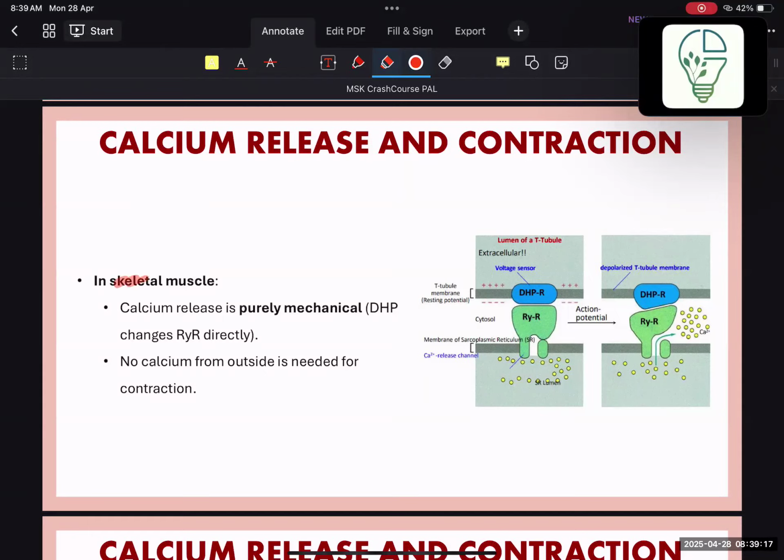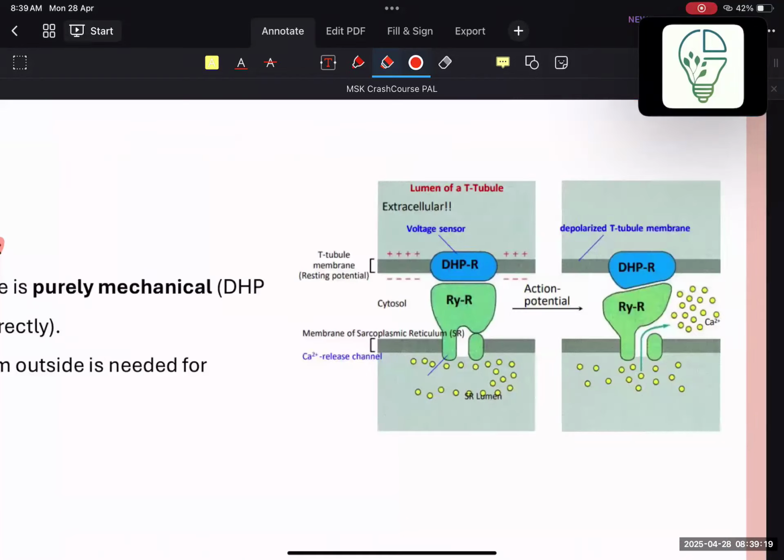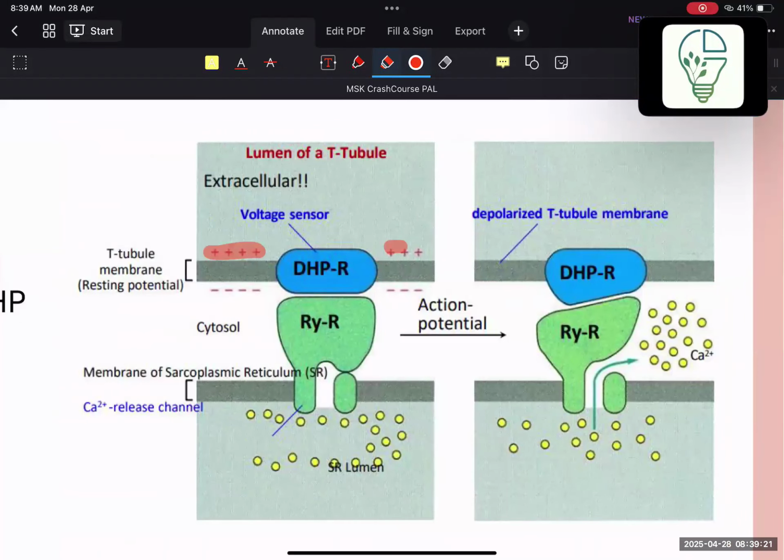So once again, in skeletal muscles, you get the depolarization at the level of the T tubule, and your DHP is going to sense it. Why? Because it's a voltage sensor. So once it senses it, it's going to tell the ryanodine receptor, you need to open up, and it causes a mechanical change. It just pulls it up, and now you have a mechanical change. And now the calcium inside the sarcoplasmic reticulum is going to escape.